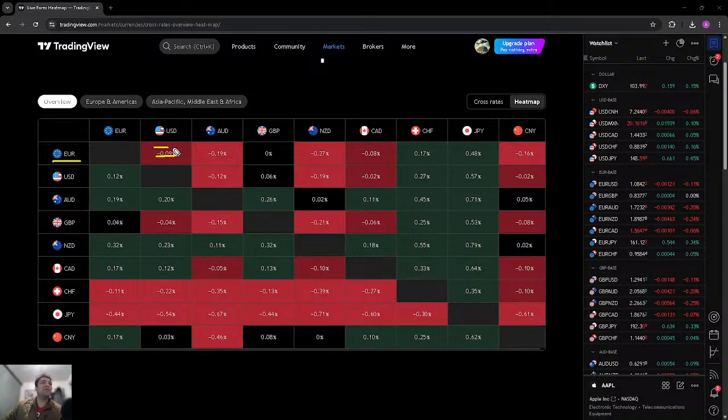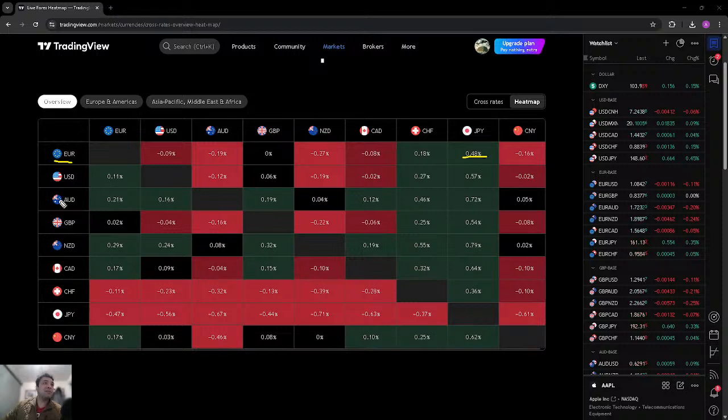We can see that the Euro has decreased almost 0.09% right now, and that shows that the Euro is weak. And if we compare the euro to the yen, we can see that the Euro has given us great strength against the yen.